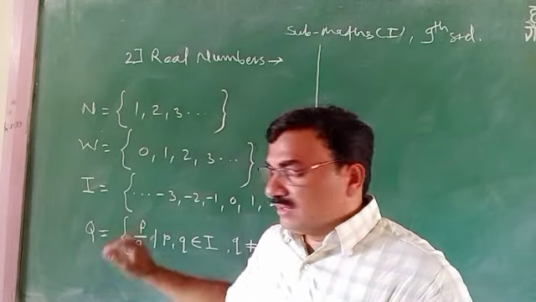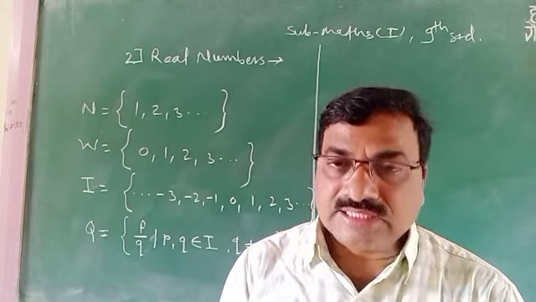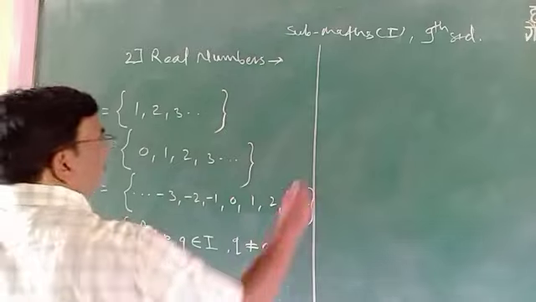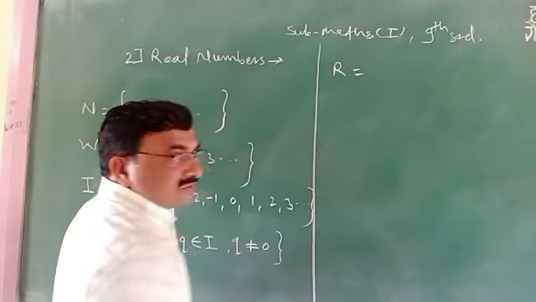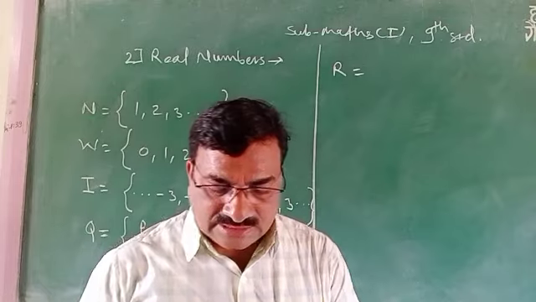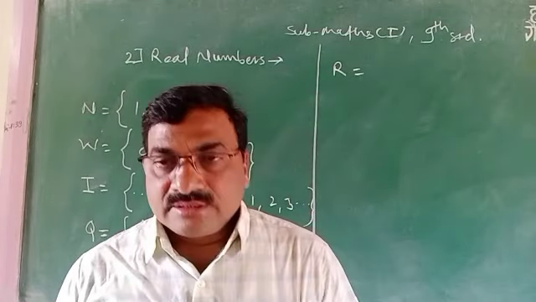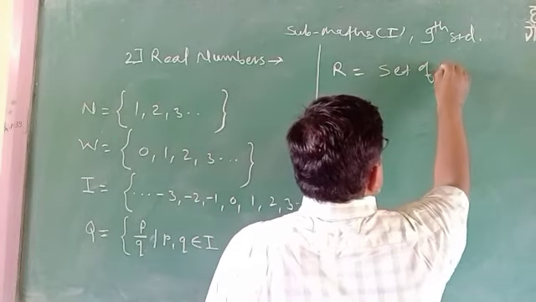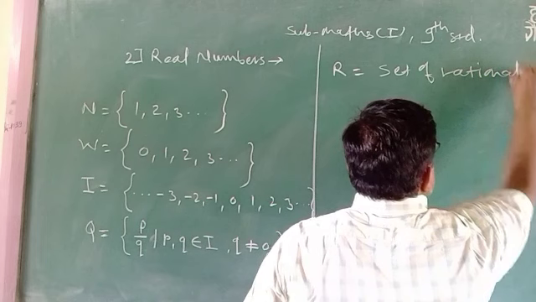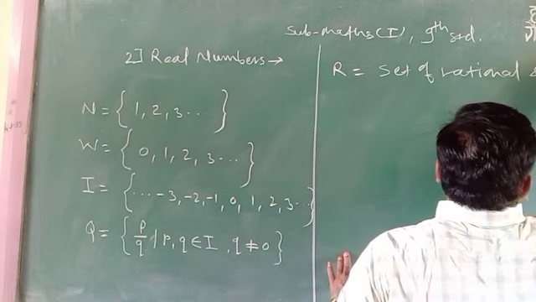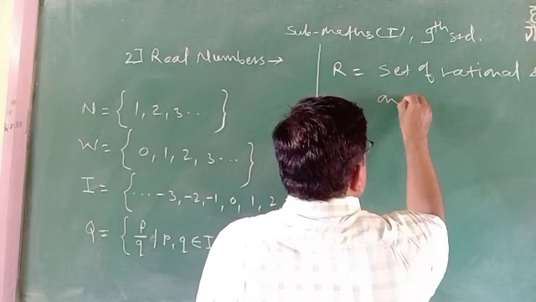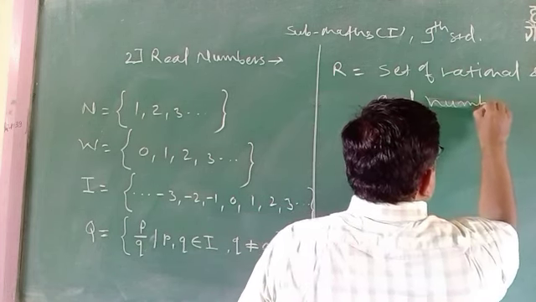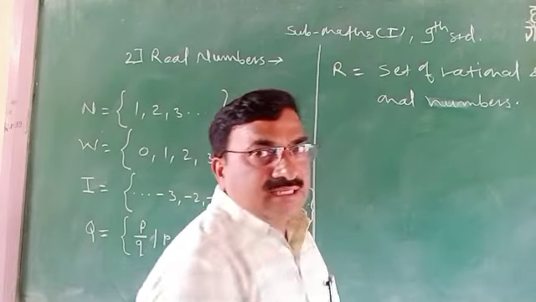The number in the form of numerator and denominator, that is the rational numbers. Then the last set is real numbers, that is, the set of rational and irrational numbers.